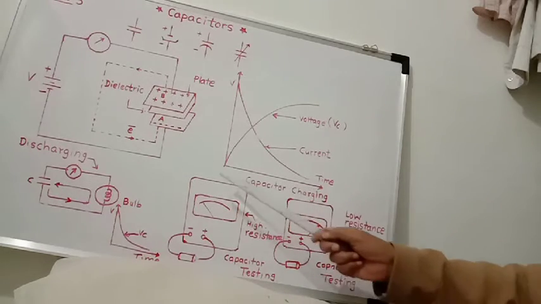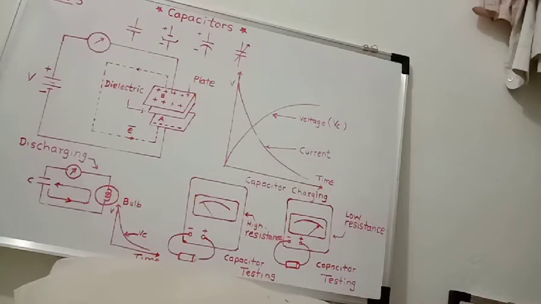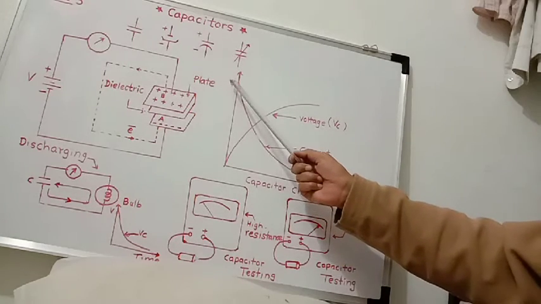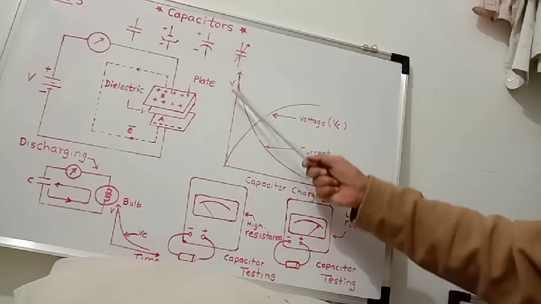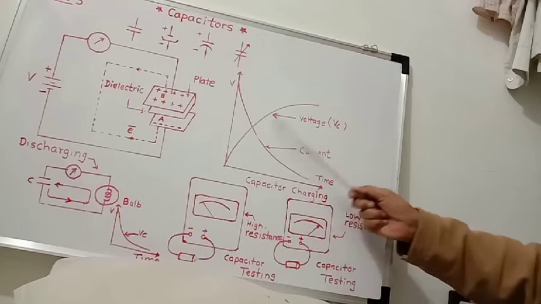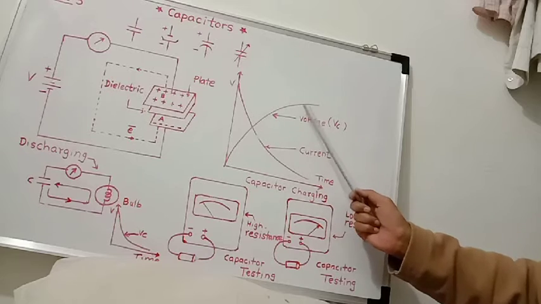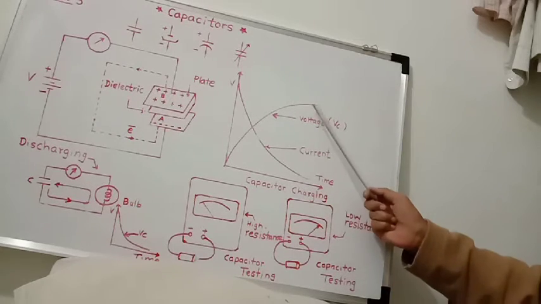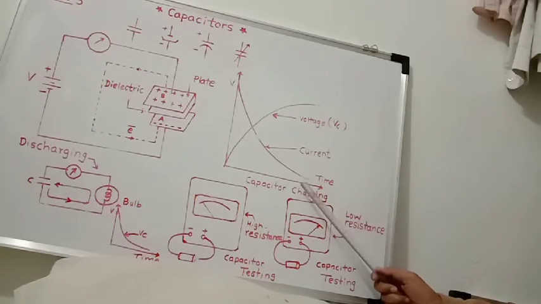And remember, initially the current is maximum. But when the capacitor is fully charged, at that time the current becomes negligible or zero.